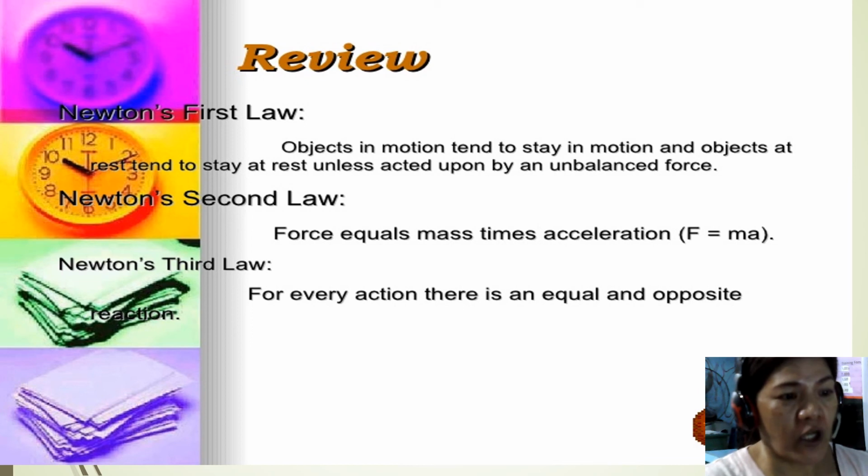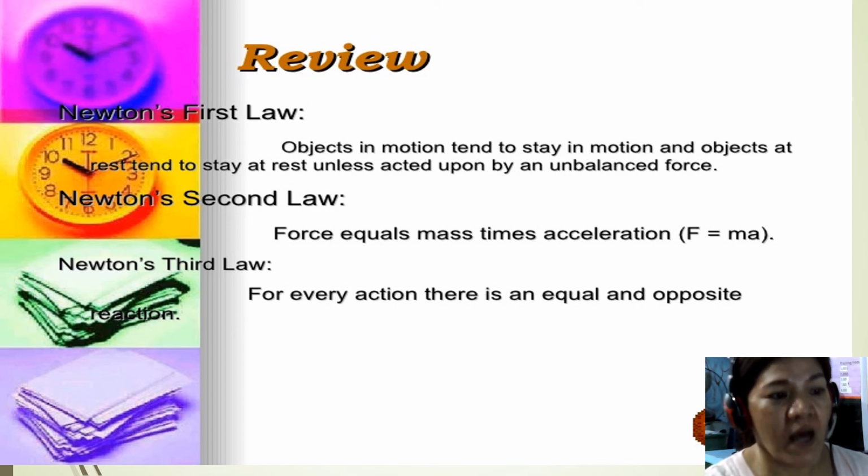The motion of an object depends on the force. It is very helpful since we are always moving in our daily lives. Force and motion are very important, so we must take advantage of how force and motion really affect us.